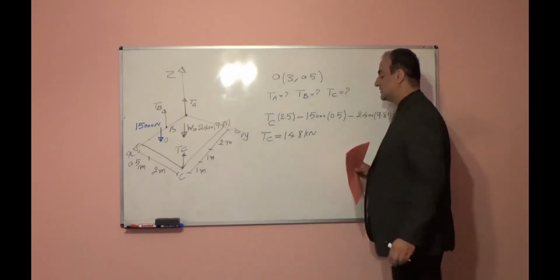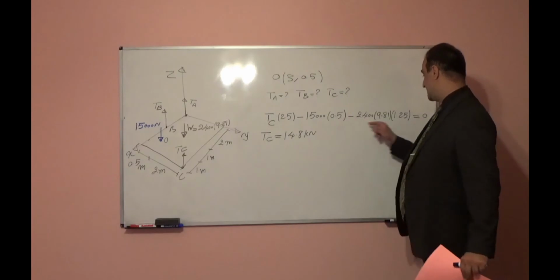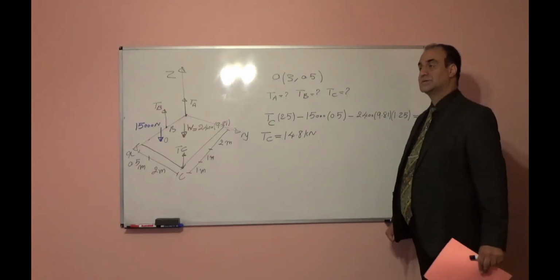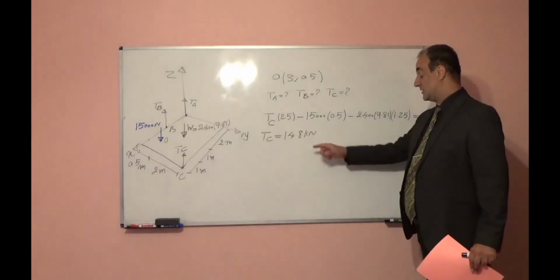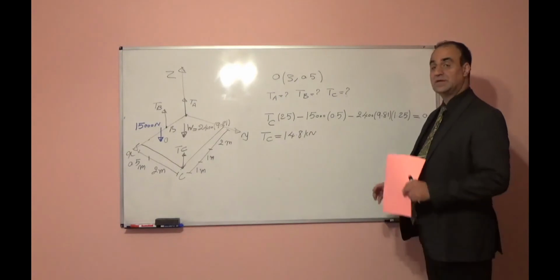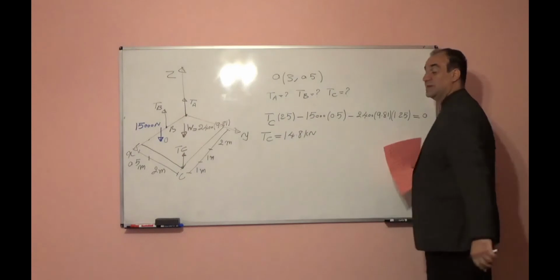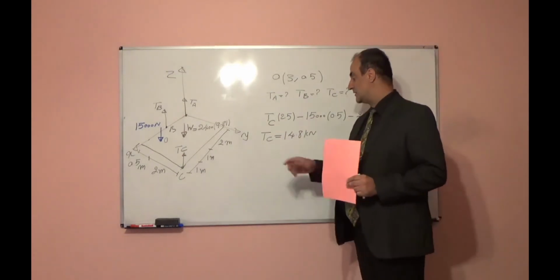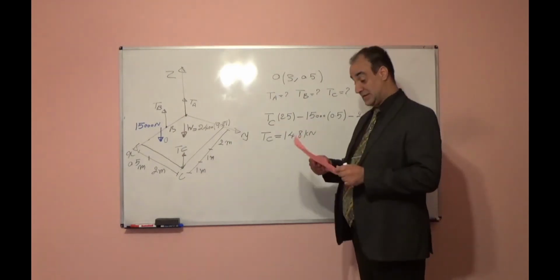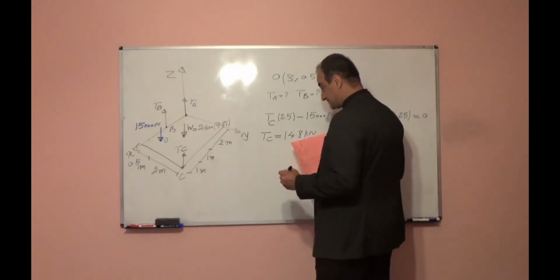So I converted to kilonewton. The answer you will divide by 1000. If you find the answer from this equation, it will be in Newton. After dividing by 1000, you can write in kilonewton.